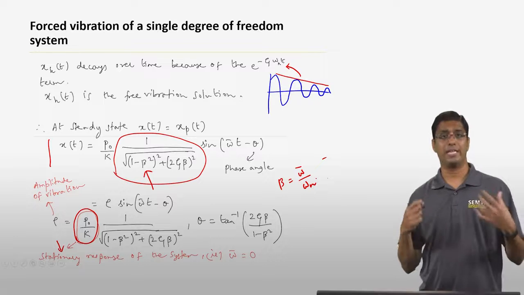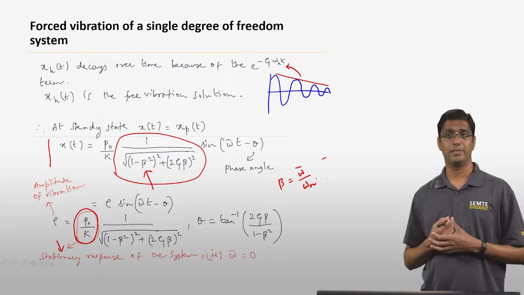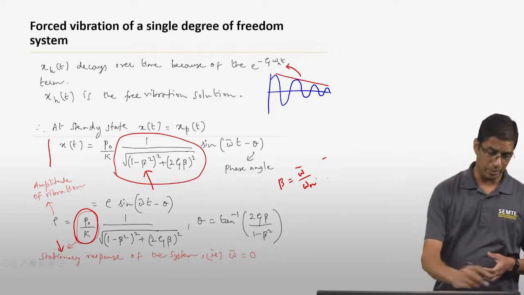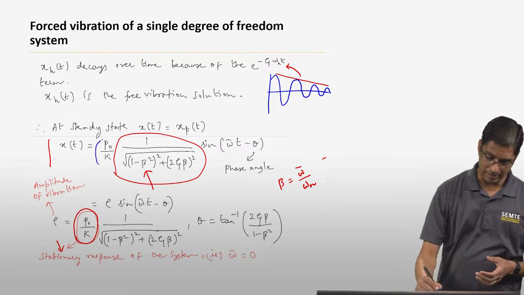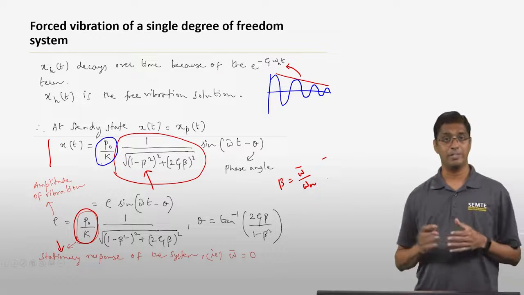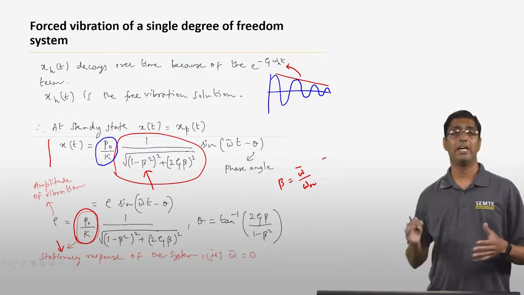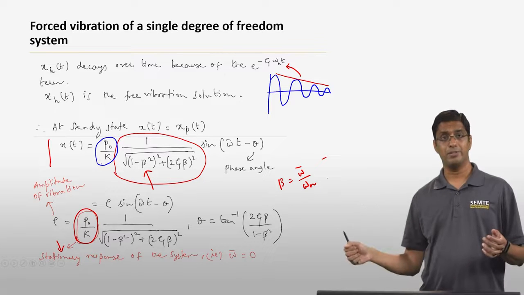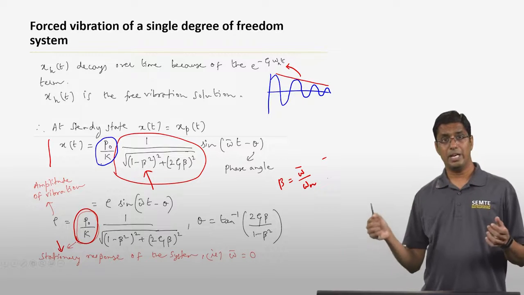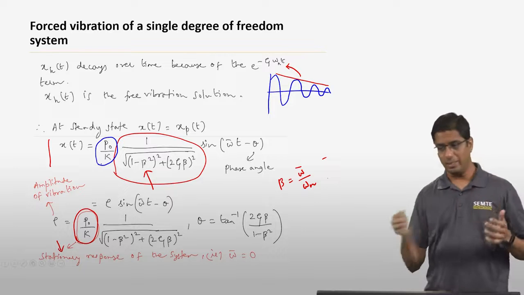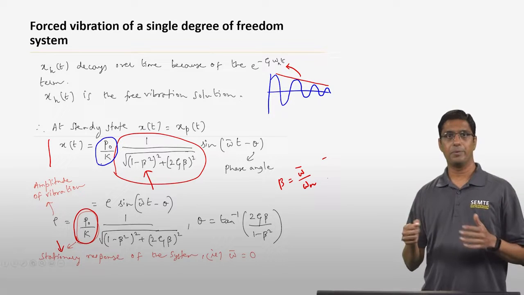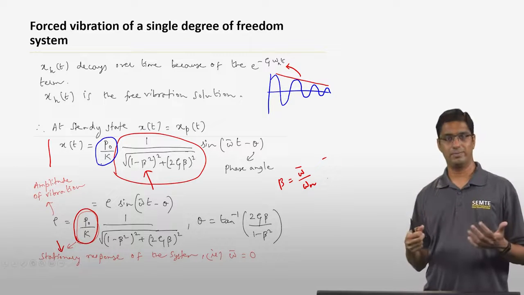Now you start to see how this solution is coming around. You have a p naught over k here, which is the amount of displacement the system will have if you just apply a constant force. And now if you take the same force amplitude but oscillate it, your x of t is going to be quite different.